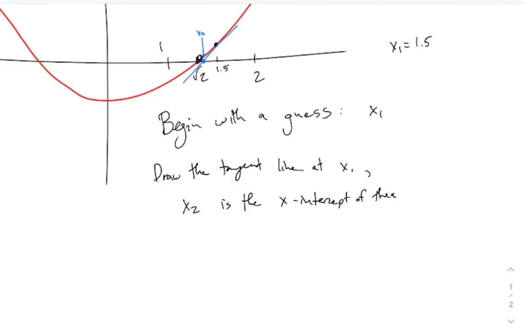And x2 is even closer to the root that you're looking for. And then if you want it to get even closer, you just do it again. And you continue, do it as many times as you want. All right, this is Newton's method.